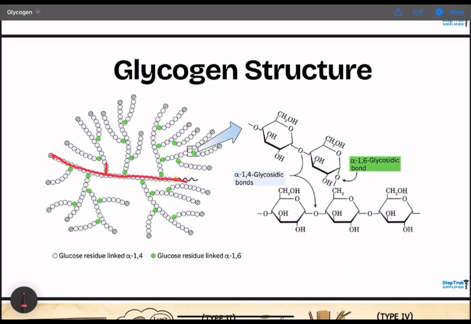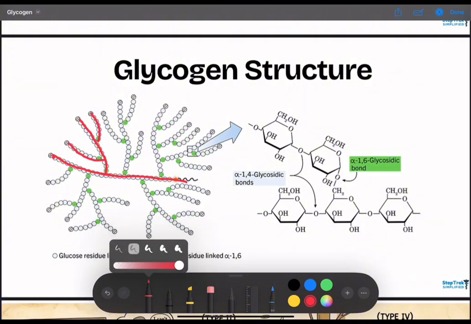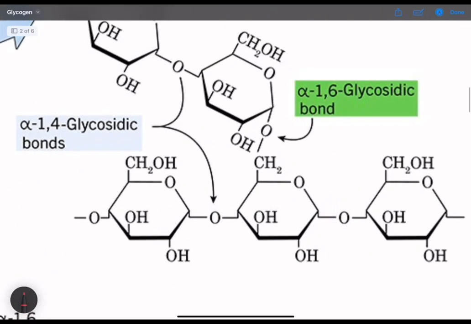This is a branch, this is another branch, and this is another branch. If you look at the carbon structure, this is the first carbon, second, third, fourth, fifth, and sixth. Same for this glucose molecule, 1, 2, 3, 4, 5, and 6.